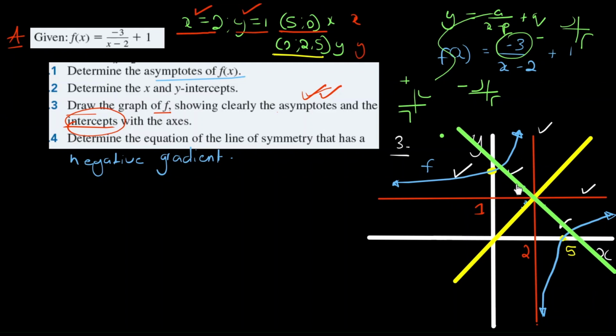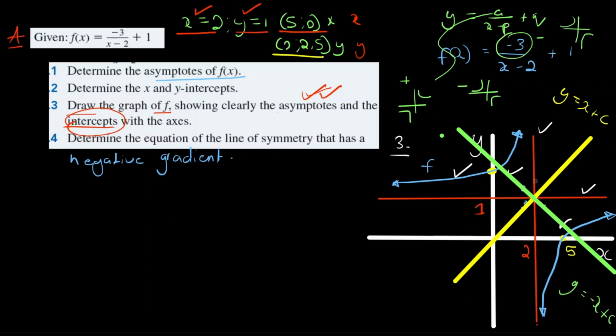It passes somewhere there, meaning that the yellow graph has the equation y equals, since it's an increasing graph, x plus c, and the green graph has the equation y equals negative x plus c.